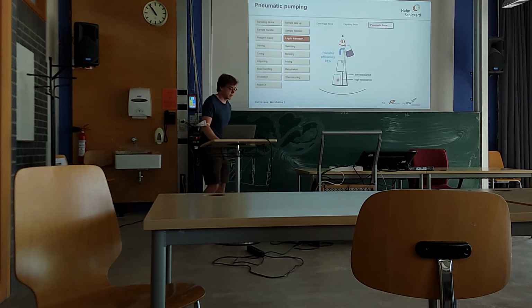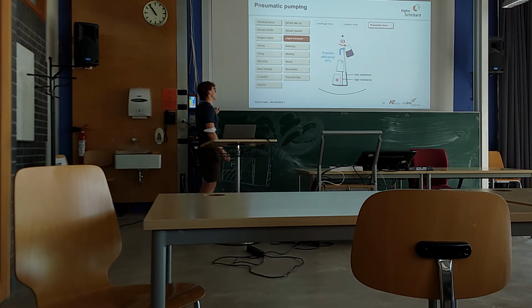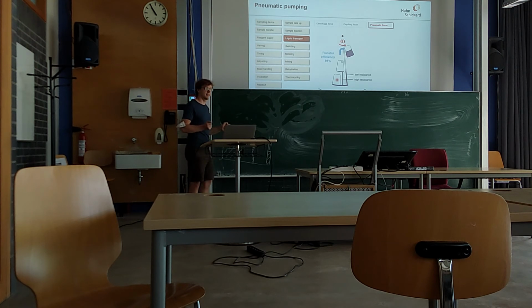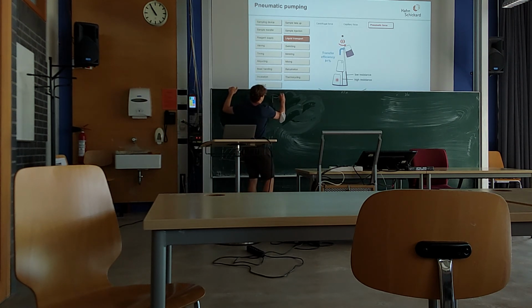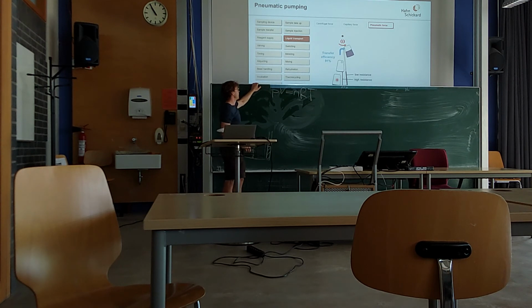If you think about the ideal gas law, how could you increase the pressure in here? The volume is fixed in this case because it's defined by the chamber. But let's go back to the ideal gas law, there are other parameters that you can make use of.